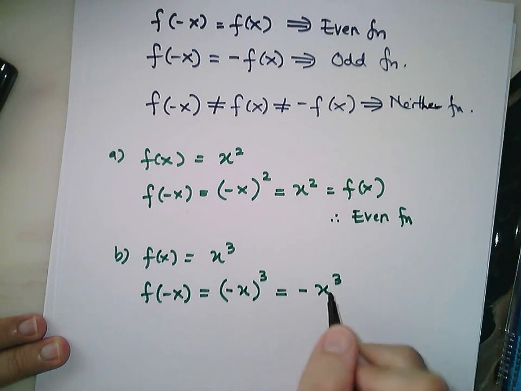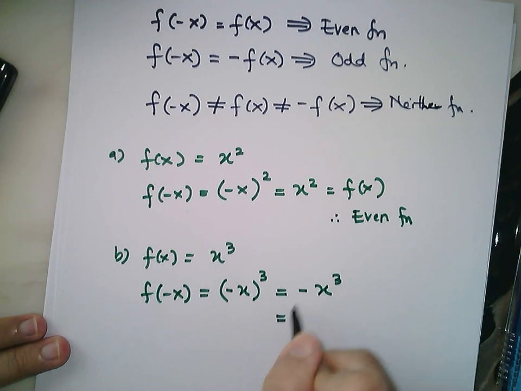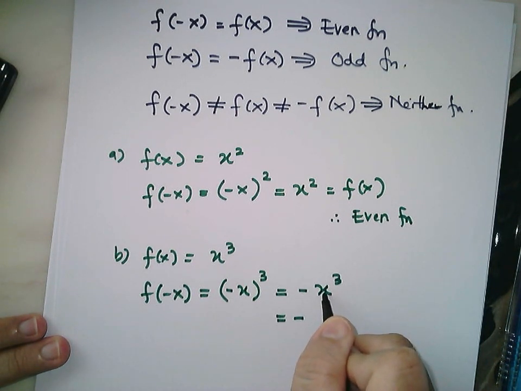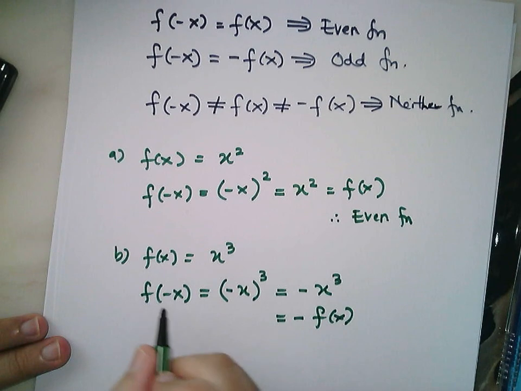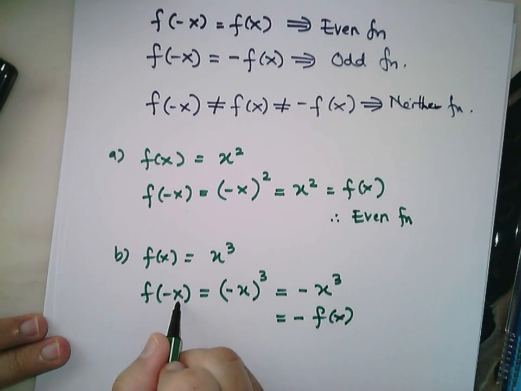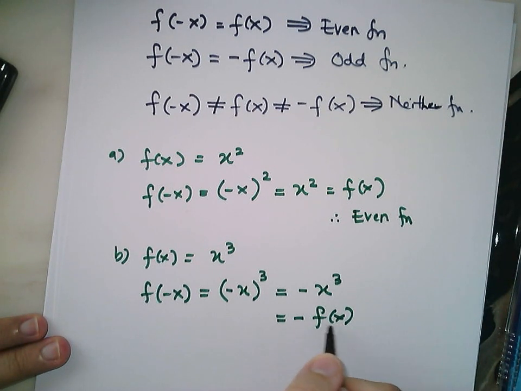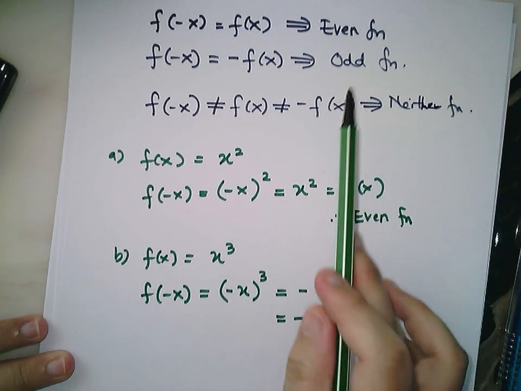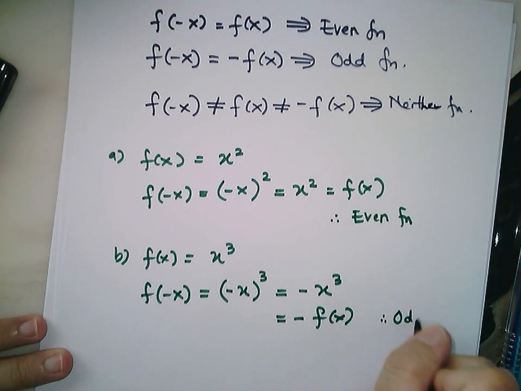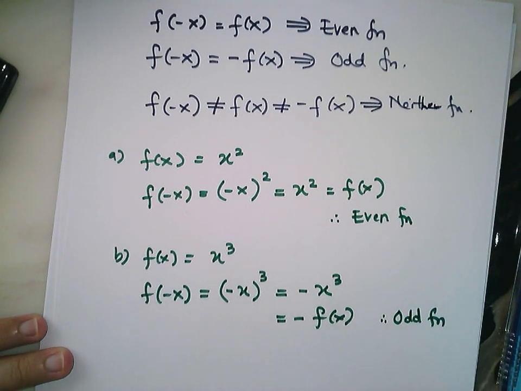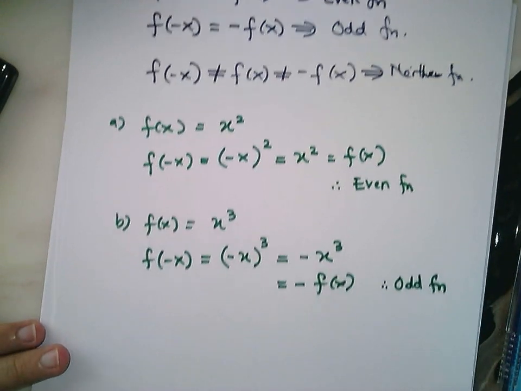Then negative x cubed is equals to negative of x cubed, which is equals to f(x). You get it? So f of negative x is equals to negative of f(x), so therefore this is an odd function.